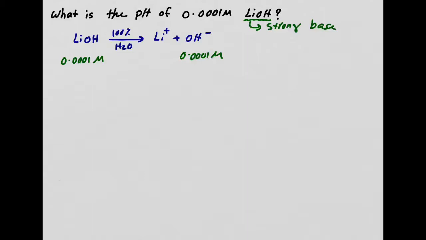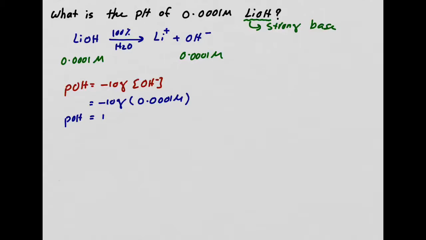So now I have the hydroxide concentration. What did we talk about? I can figure out the pOH, right? Every time I have hydroxide concentration, I can figure out the pOH. So it's going to be minus log of 0.0001 molar. If I do that, my pOH is going to be 4.